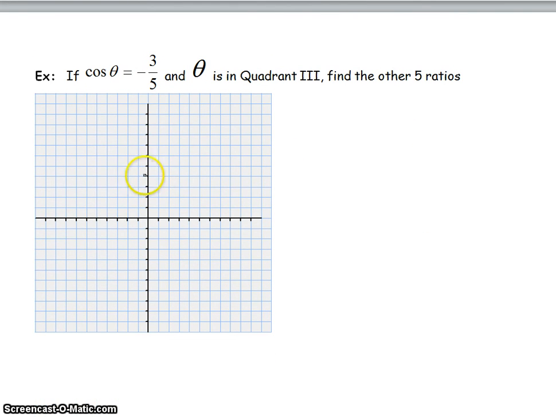Same idea, different problem. Quadrant 3, I'm going to draw it like this. Cosine, this is negative 3, this is 5. What you're going to find is that y is equal to 4.